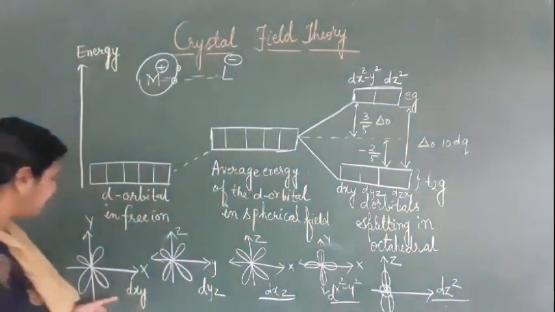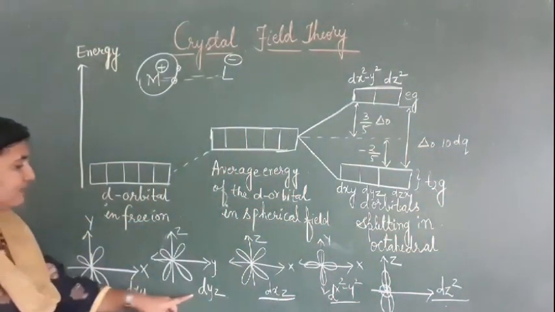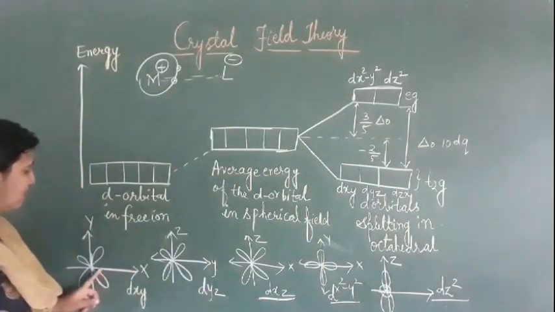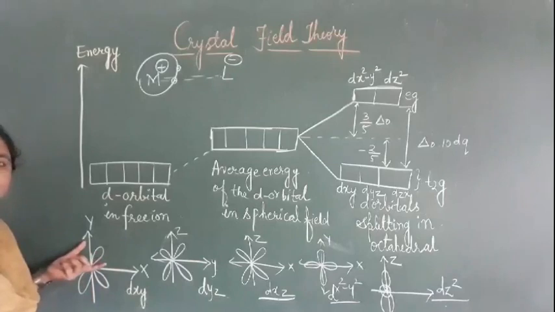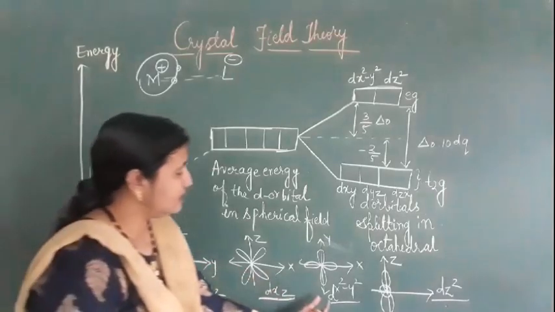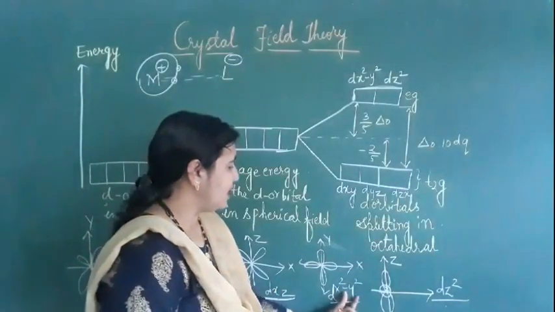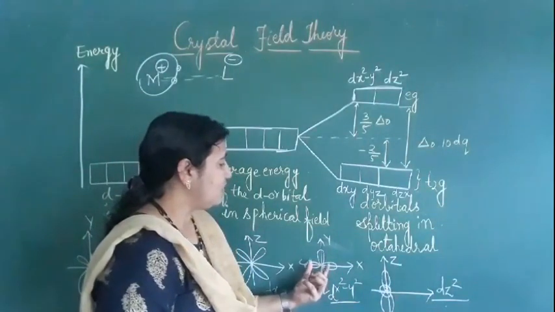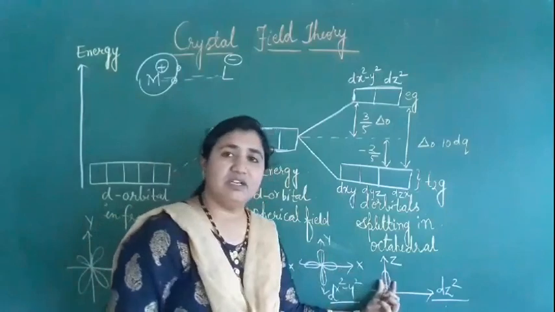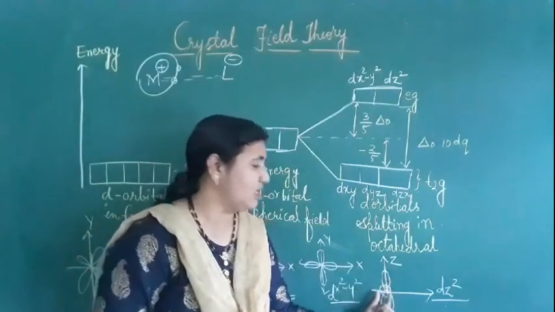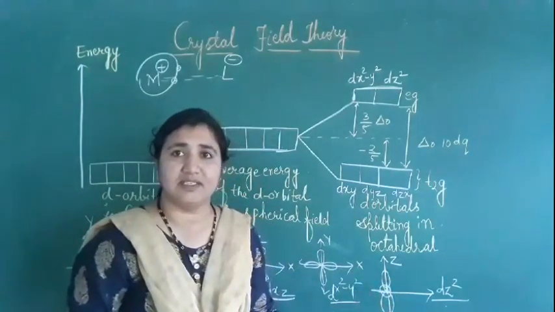If you see the orientation, dxy, dyz and dxz have their lobes in between the axes, and dx square minus y square has its lobes along the axes. Even dz square has its orbital along the axis.